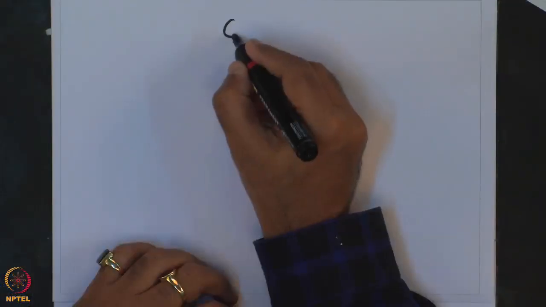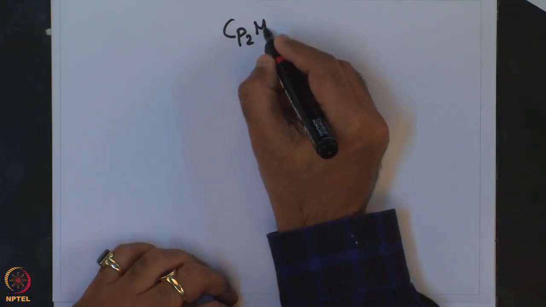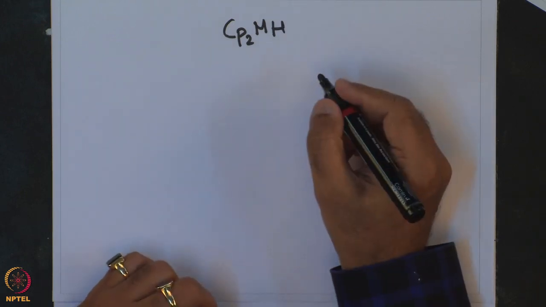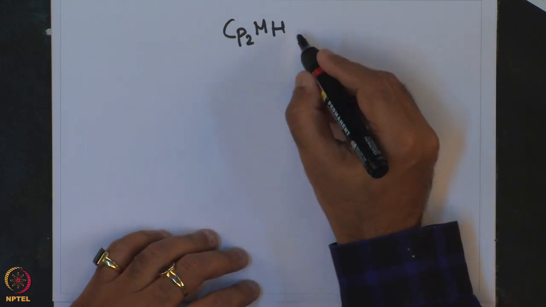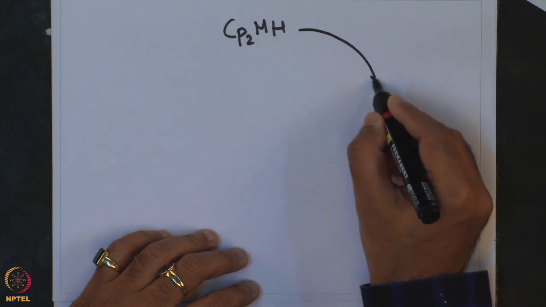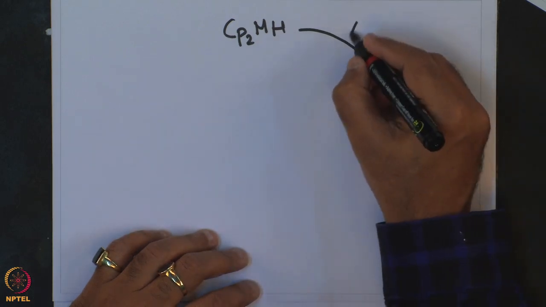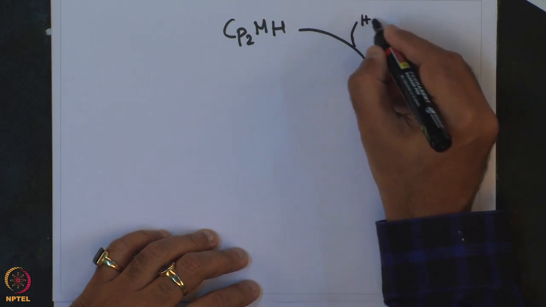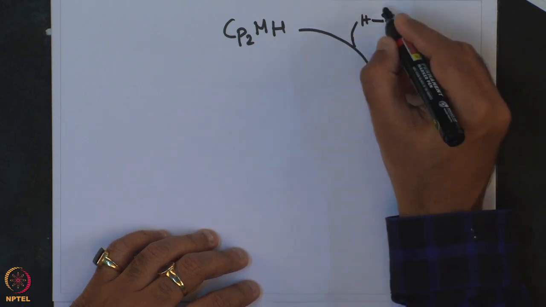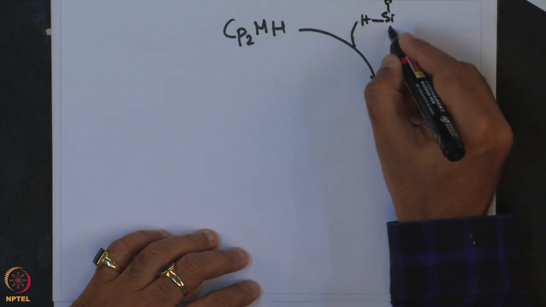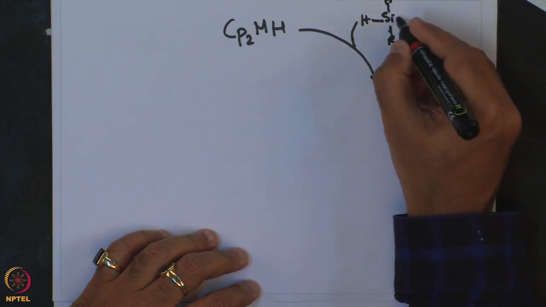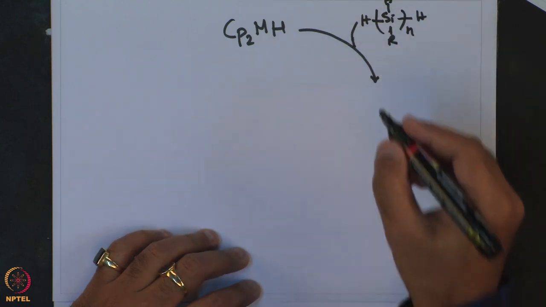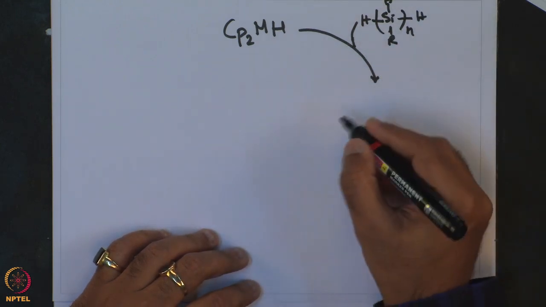So, this is the Cp2MH, where there are 2 cyclopentadienyl ligands, and then the first reaction is the addition of the silane H-SiHRH.